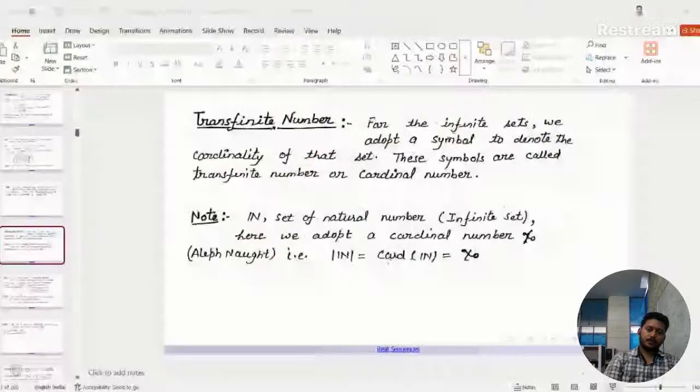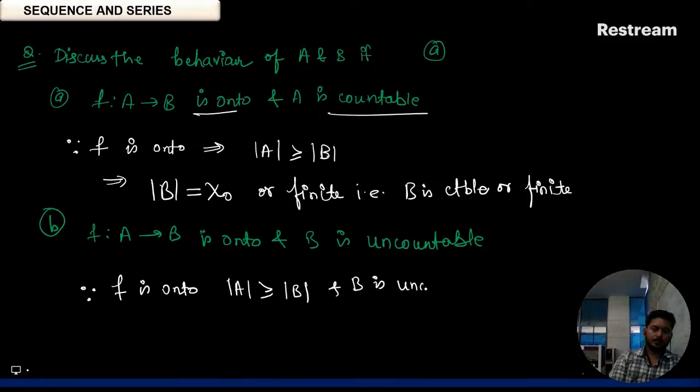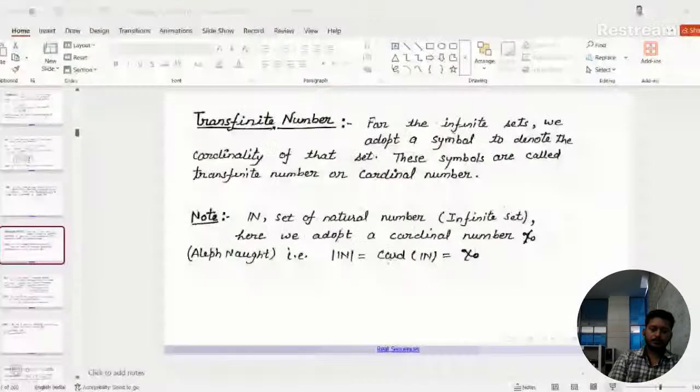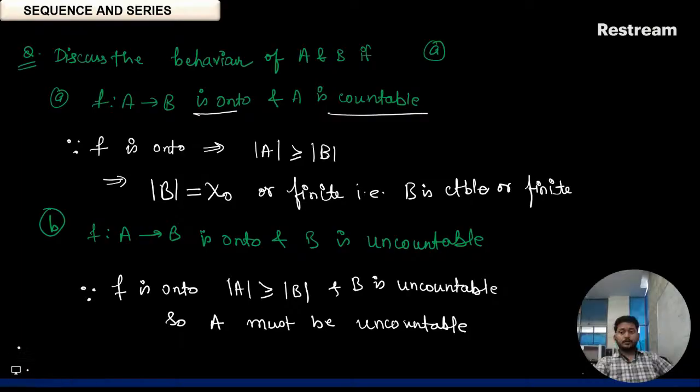If f is onto, then cardinality of A is greater than or equal to cardinality of B, and B is uncountable. So A must be uncountable. Okay, so these are two assumptions.